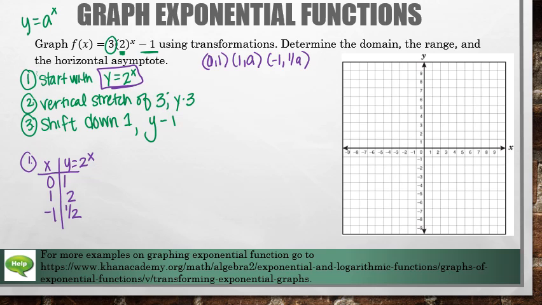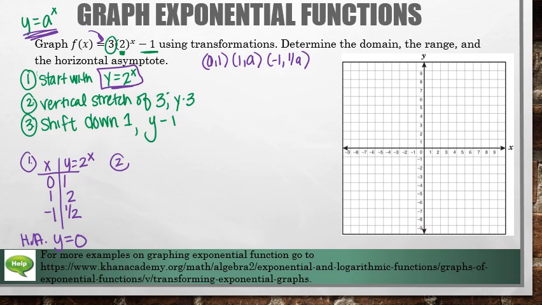Those are the points I'm going to transform. The other thing to take into account is the horizontal asymptote, which we'll transform as well. The horizontal asymptote is always y equals 0 for anything of the form a to the x, but we're going to have to transform it to get to this graph.